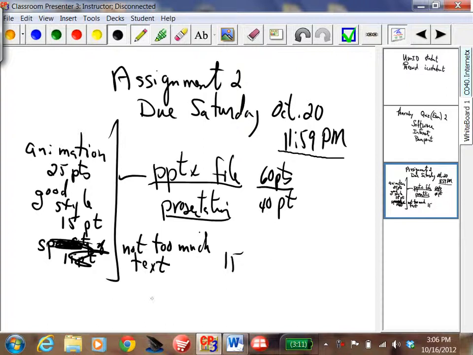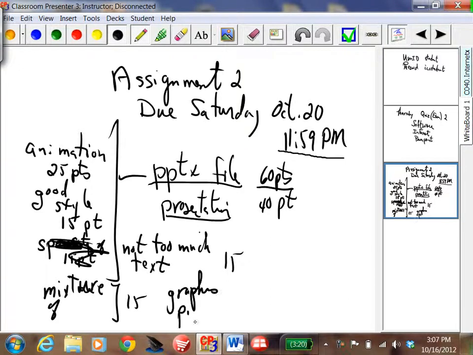And there's another 15 points, and that is a good mixture of multimedia. That is a mixture of graphs. We want graphs, pictures, whatever.